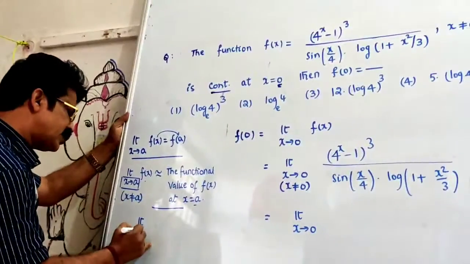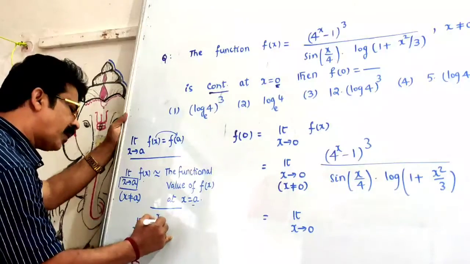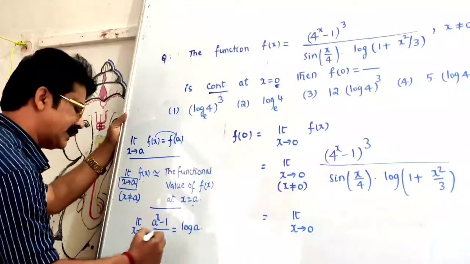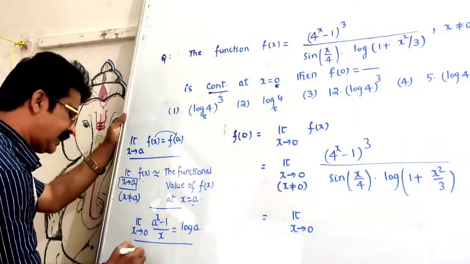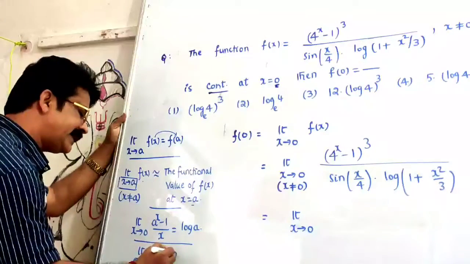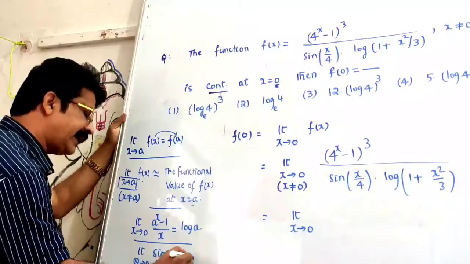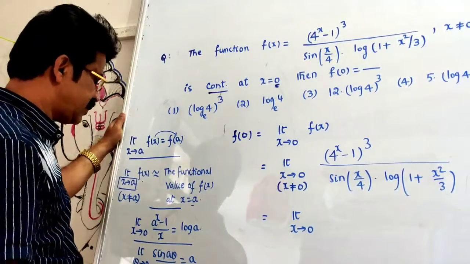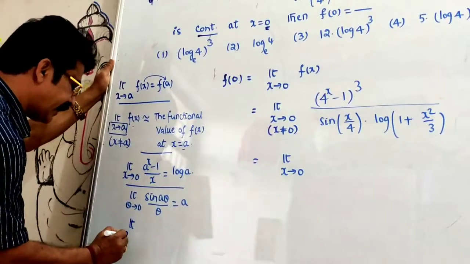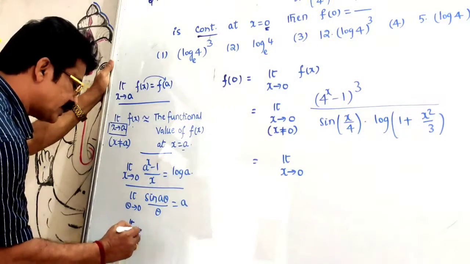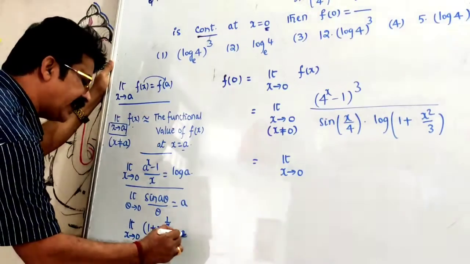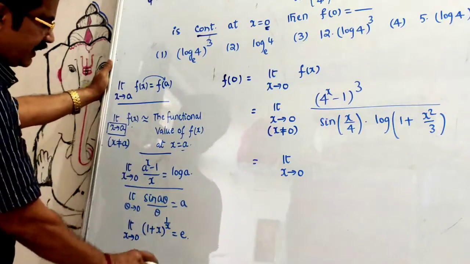Limit x tends to 0, (a to the power of x minus 1) divided by x is equal to log a. This is the first formula. Later, limit theta tends to 0, sin(a theta) divided by theta equals a. Of course, limit theta tends to 0, sin theta by theta is equal to 1. Later, limit x tends to 0, (1 plus x) whole to the power of 1 by x equals e. These are the standard results.